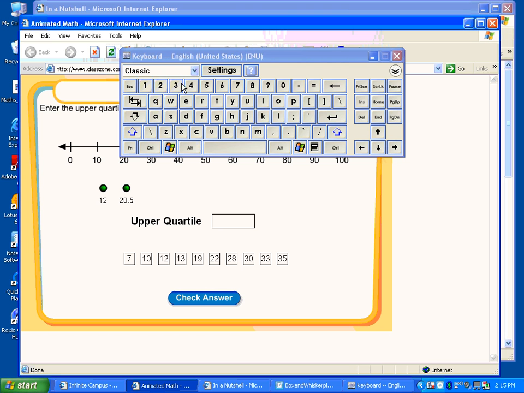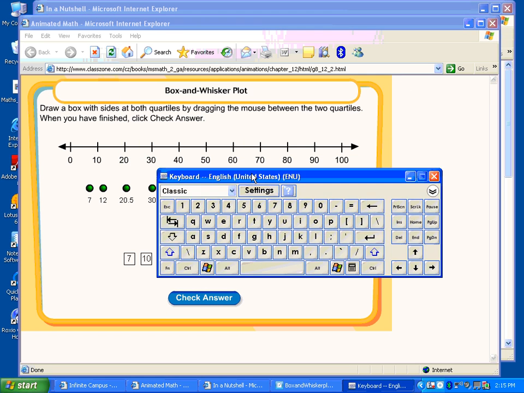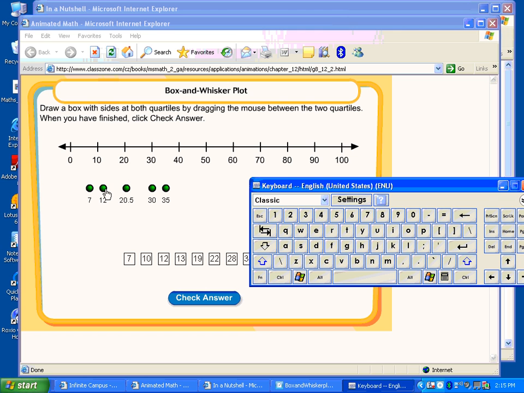Upper quartile. Lower extreme. 7. Upper extreme. 35. Okay? Now, there we go. Does everybody see that? Yeah.